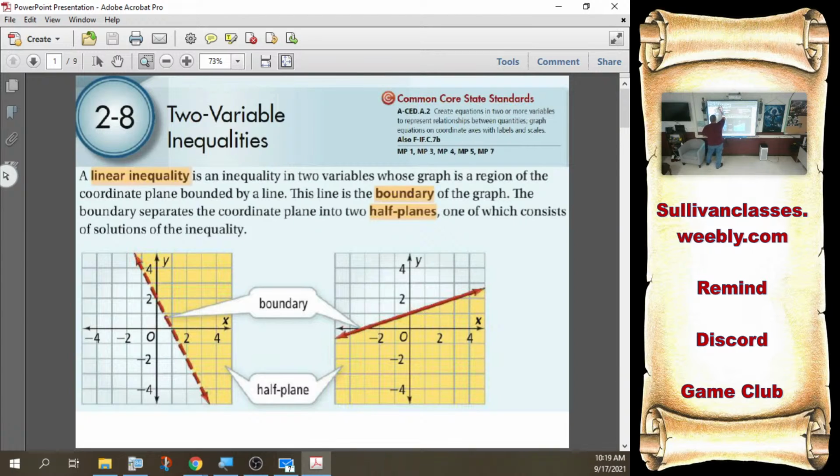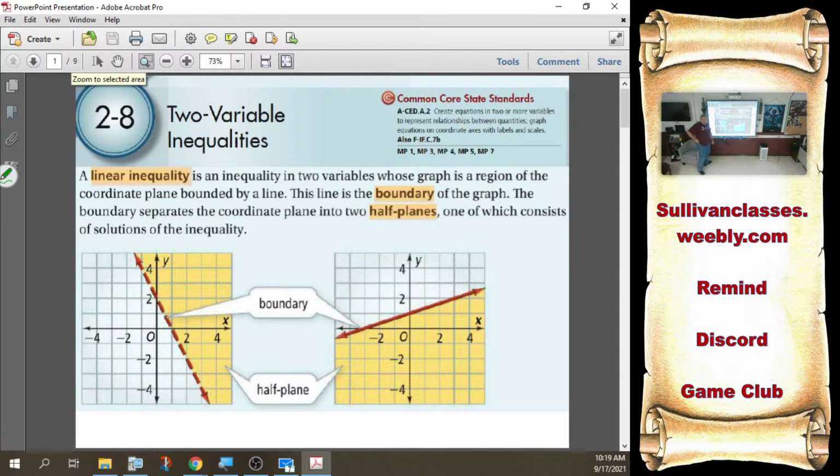So, y'all know how to graph lines. You know how to graph absolute value now. What happens when I go and throw an inequality on there? Just shade it, right? Two things. A, I have to shade.